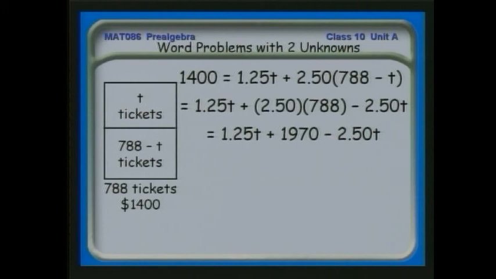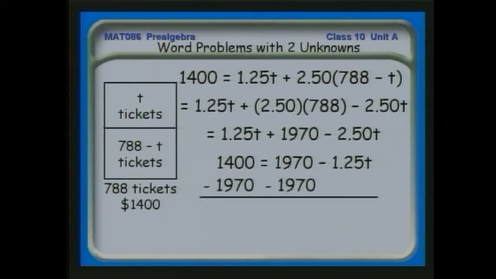I do that multiplication, but I see I have two quantities with t on the right-hand side. I can combine those and get that. Let me now get rid of the 1970 on both sides of the equation, and I get minus 570 is equal to minus 125t.